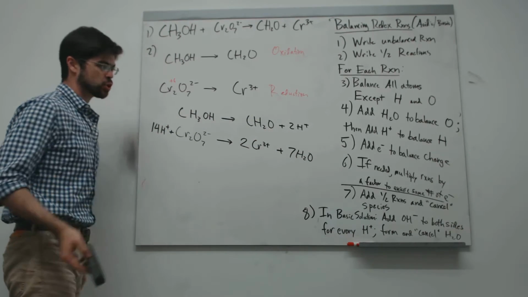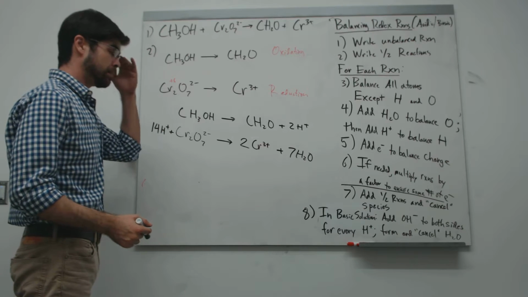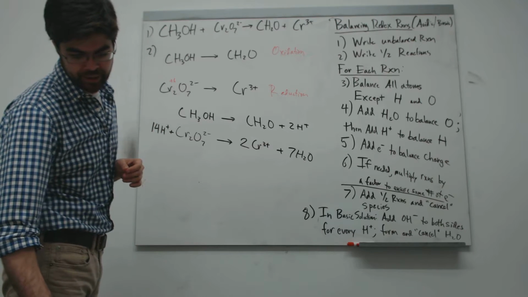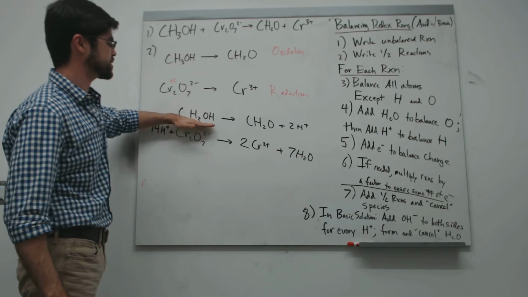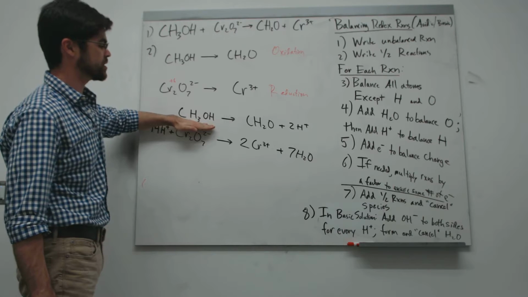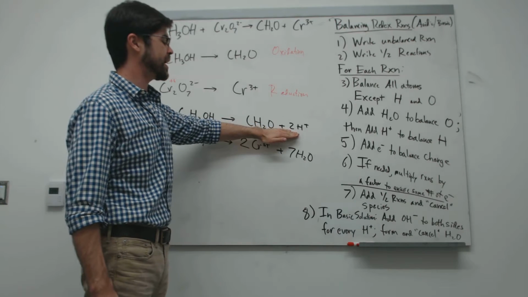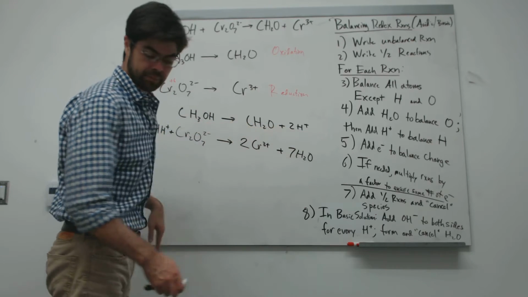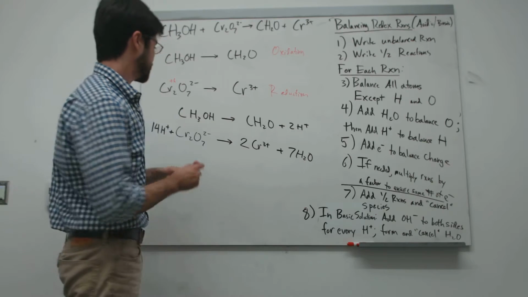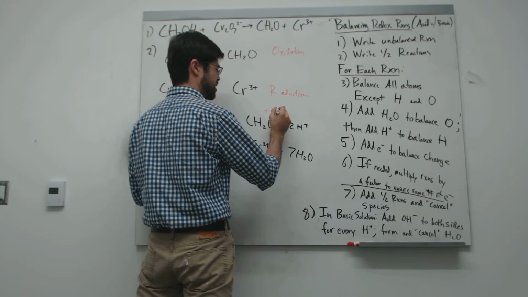Step 5 says to balance the charge on both sides of the equation by adding a necessary number of electrons. So this side of this equation has a net charge of 0. This side of the equation has a net charge of +2.